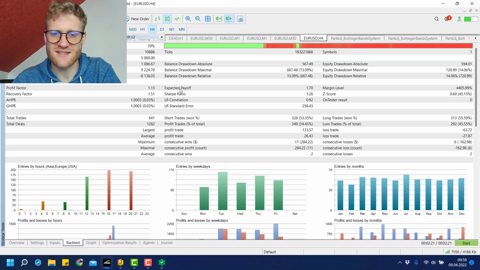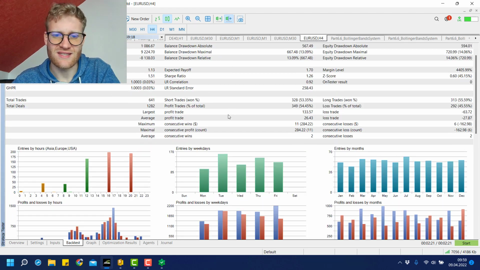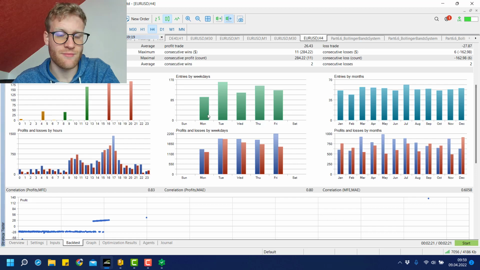Or at least this is the expected payoff. It of course doesn't mean that it always has to work like this. Okay, so we also see some entries by hour, weekday, month, and we see the profits that we made at the days in the week and in the specific month.